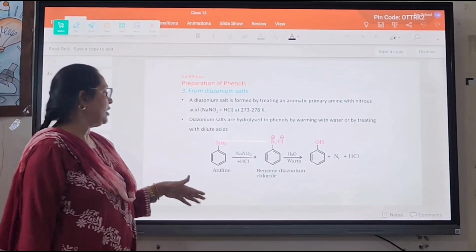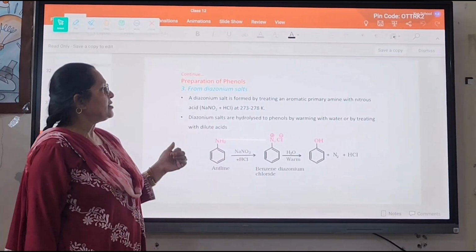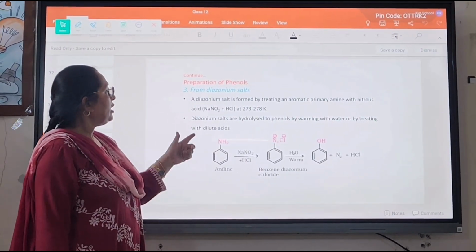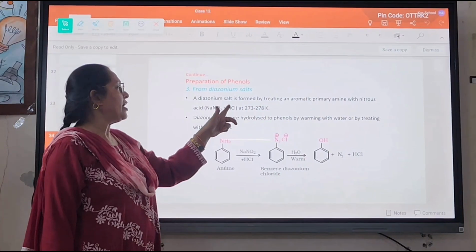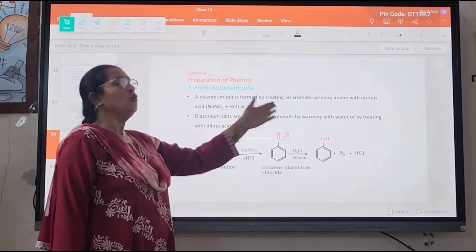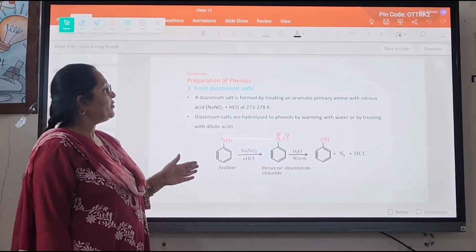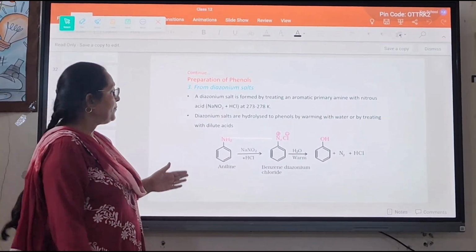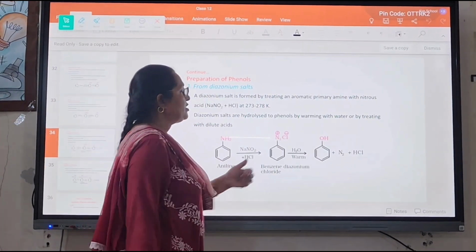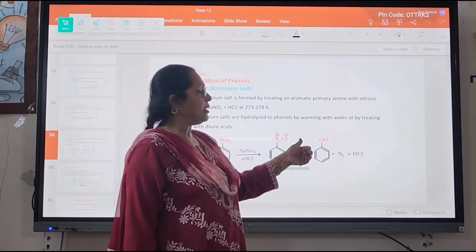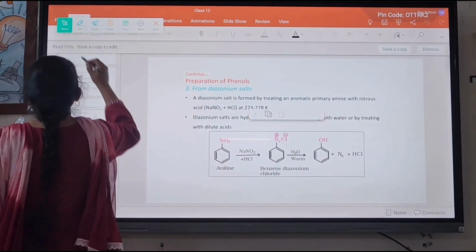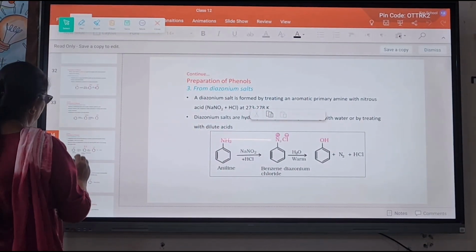So we are using again aniline, or any aromatic primary amine, in the presence of sodium nitrite and HCl at an extremely cold condition, that is 0 to 4 degrees centigrade or 273 to 278 Kelvin. It will give us benzene diazonium chloride, which on warming in the presence of water gives phenol. Here the elimination of nitrogen takes place.